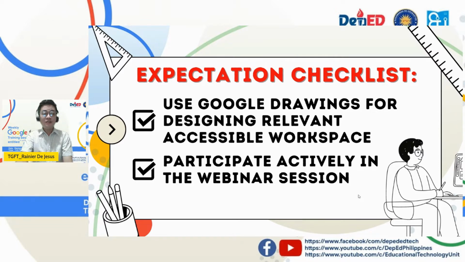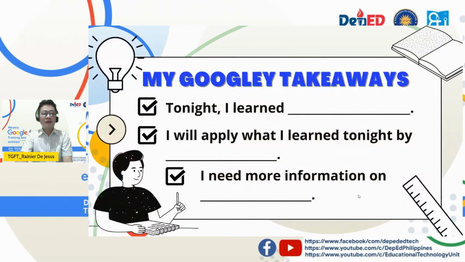At the end of this training session, I want you to have this reflection and self-realization. And this is what we call my Googley Takeaways. Let me help you with this, dear Googley teachers, and you may complete the following statements. The first statement is: tonight or today, I learned blank.